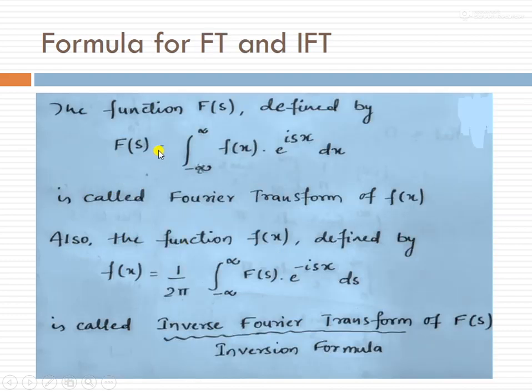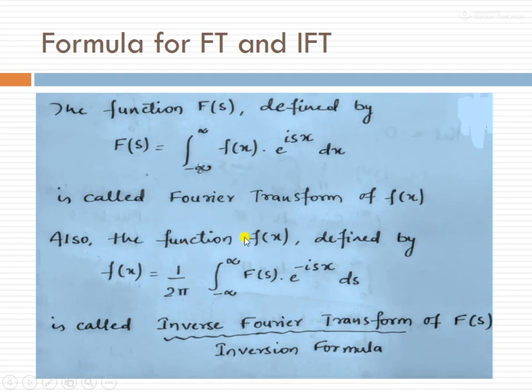So now let us look into the general formula of Fourier transform. The Fourier transform of f(x) in the integral from minus infinity to plus infinity can be represented as F(s) equal to the Fourier transform of f(x) equal to the integral from minus infinity to plus infinity of f(x) e^(-isx) dx, and this is called the Fourier transform of f(x).